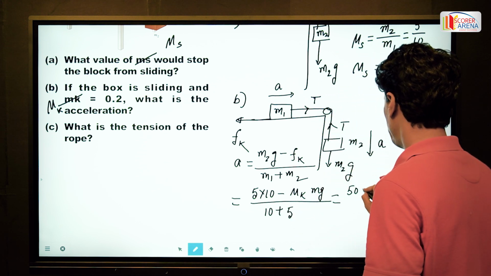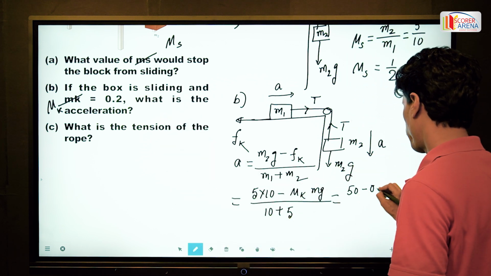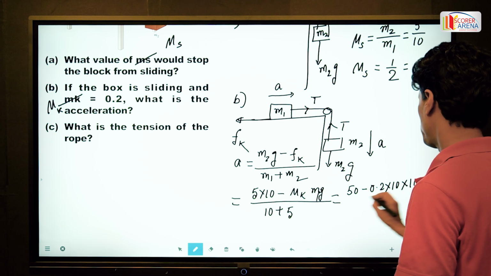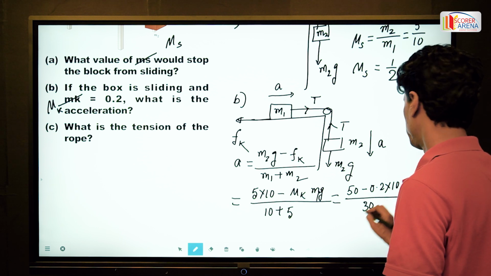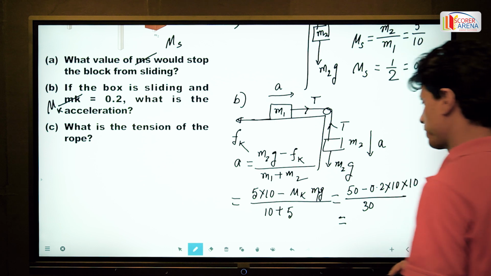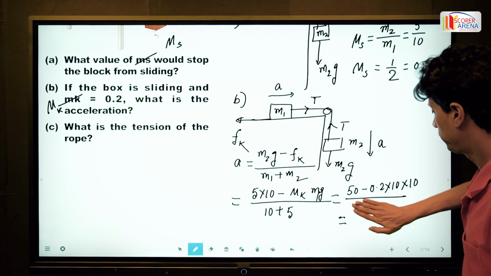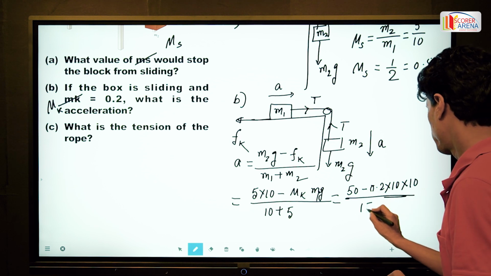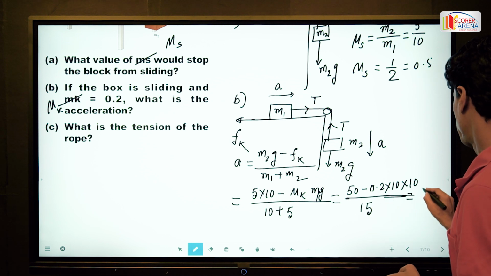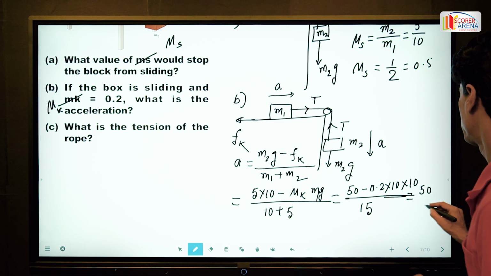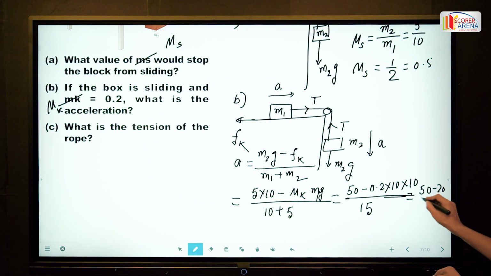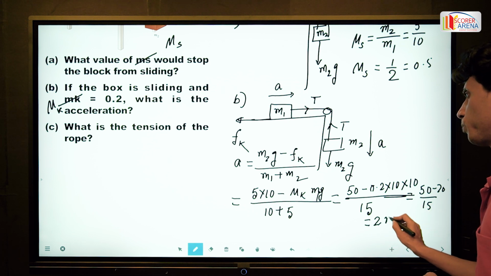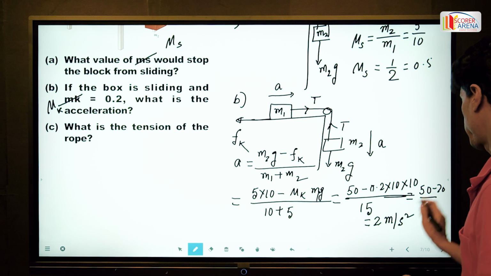The value of mu is given as 0.2, this is 10 into g, by 15. So this is 50 minus 20 by 15. So the acceleration is 2 meter per second square.